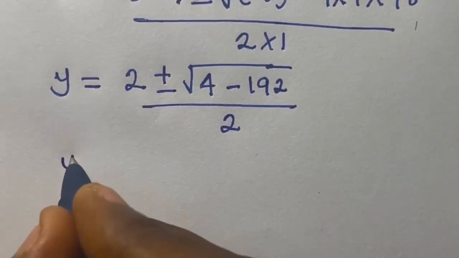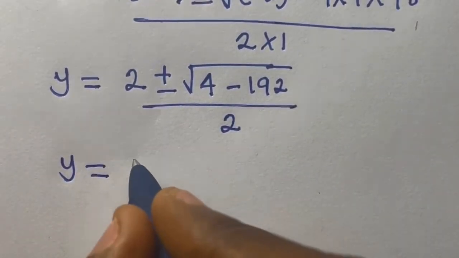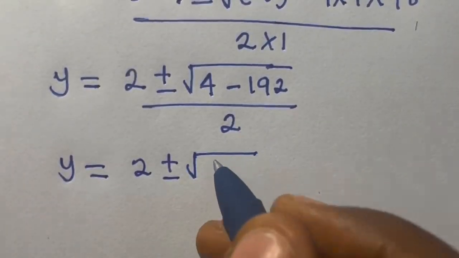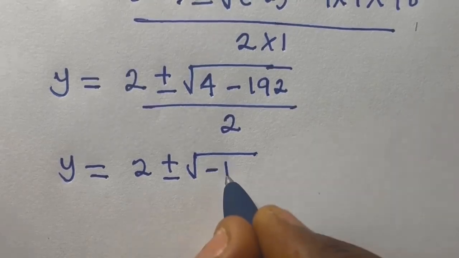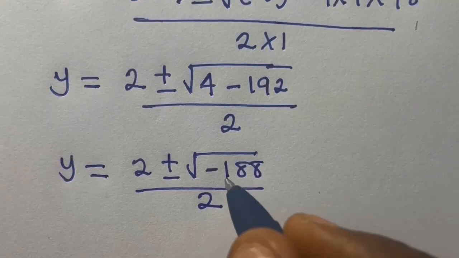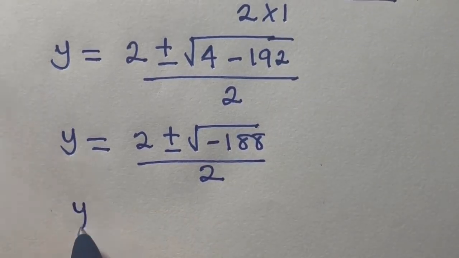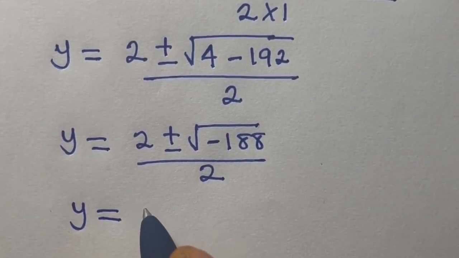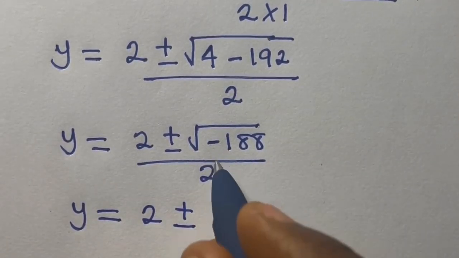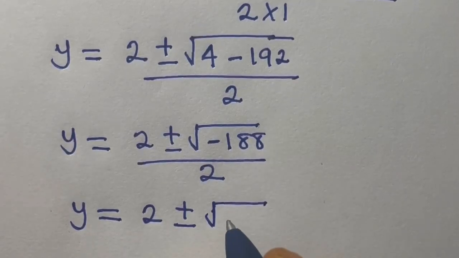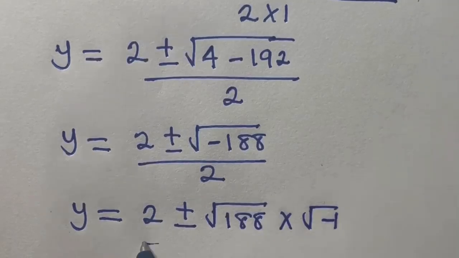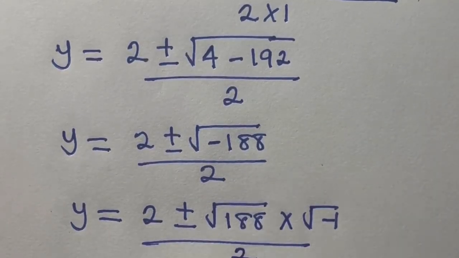So then we have y equals 2 plus or minus square root of 4 minus 192, which will give us minus 188, divided by 2. Let's do something interesting here. So we'll have square root of 188 times square root of minus 1, divided by 2.